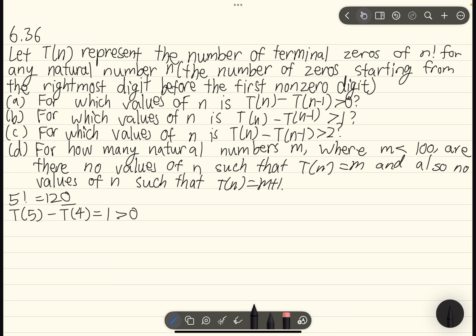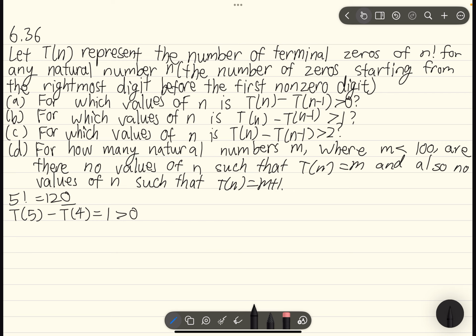Well, 5 factorial has a factor of 5. And anytime a number has a factor of 5 in its prime factorization, this factorial has an extra terminal zero.